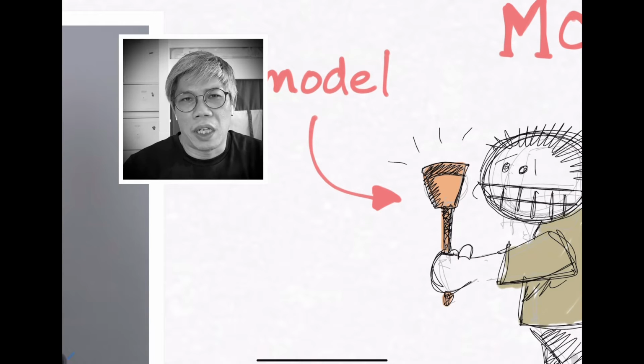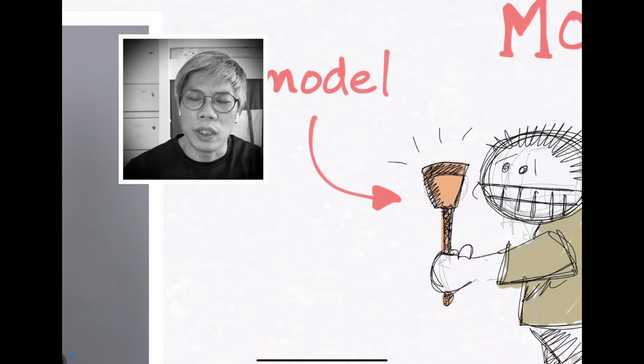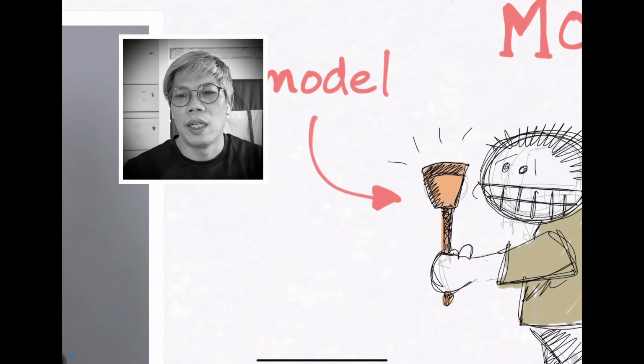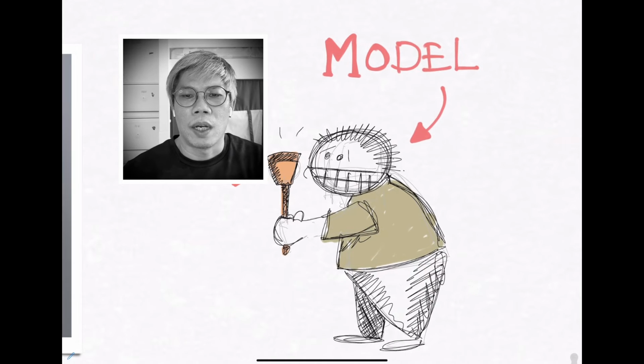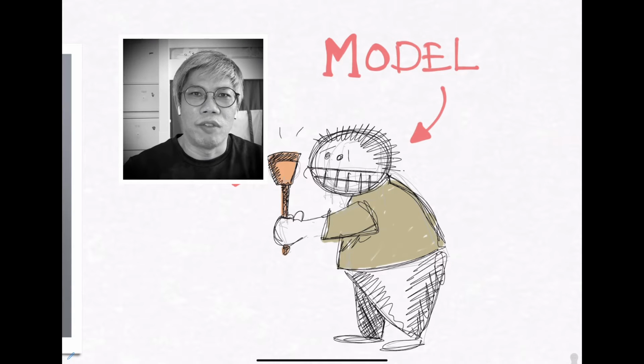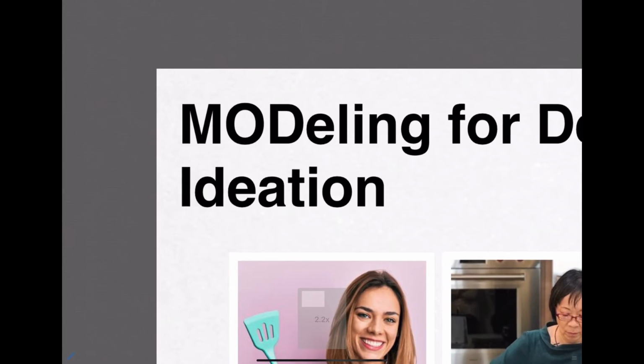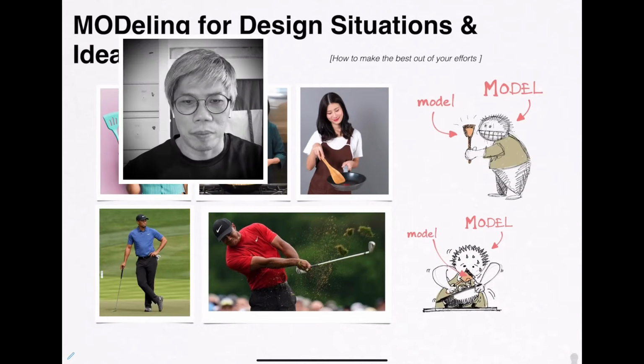For example, you're designing and making a spatula or a holder for the spatula, doesn't really matter. So the small letter m represents the model, the physical object that you make, but the big letter model in caps represents the person, the human being modeling for your product. So therefore we have modeling for design situations and idea generation.